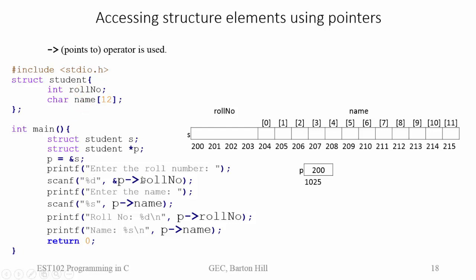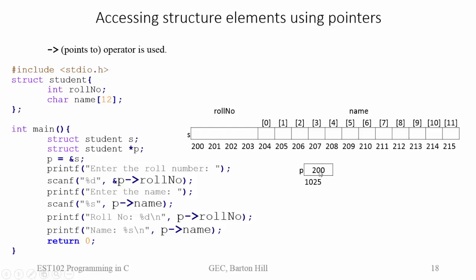For example, to read the roll number in the structure variable stored at location 200, we can simply give p->roll number. Since in scanf we have to give the address, it is given as &p->roll number, that is the roll number member of the structure variable whose address is stored in p.